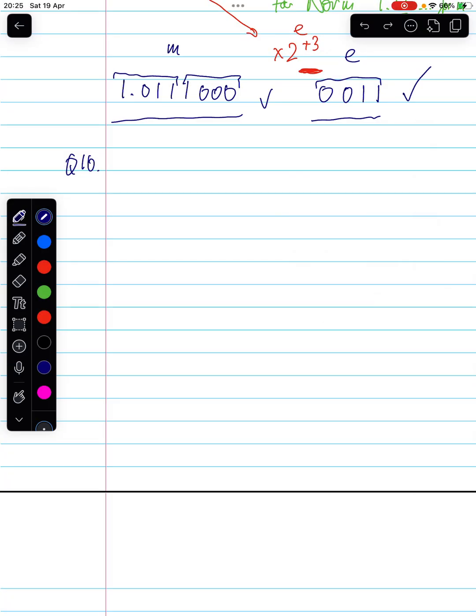Okay, this is question 10, and I might as well let you know this is page 172 now, from the textbook.